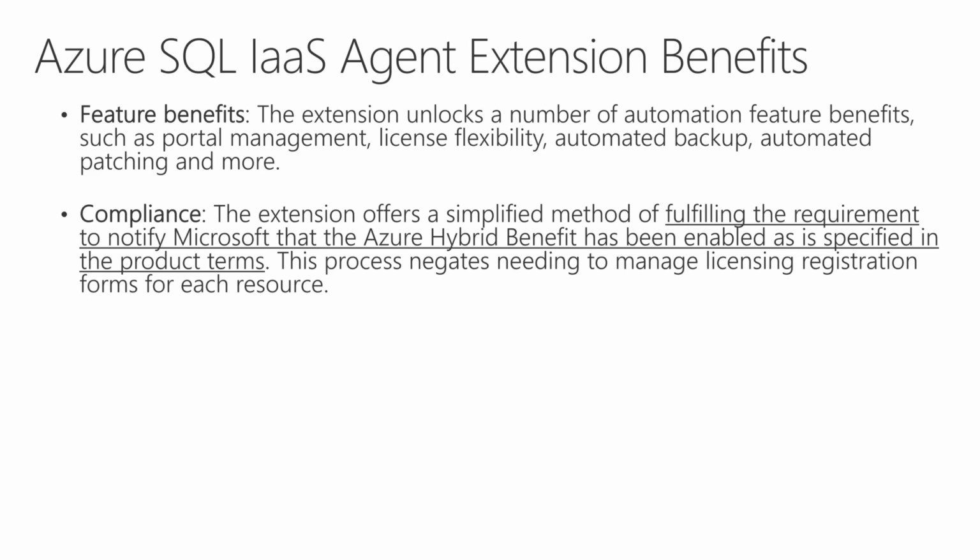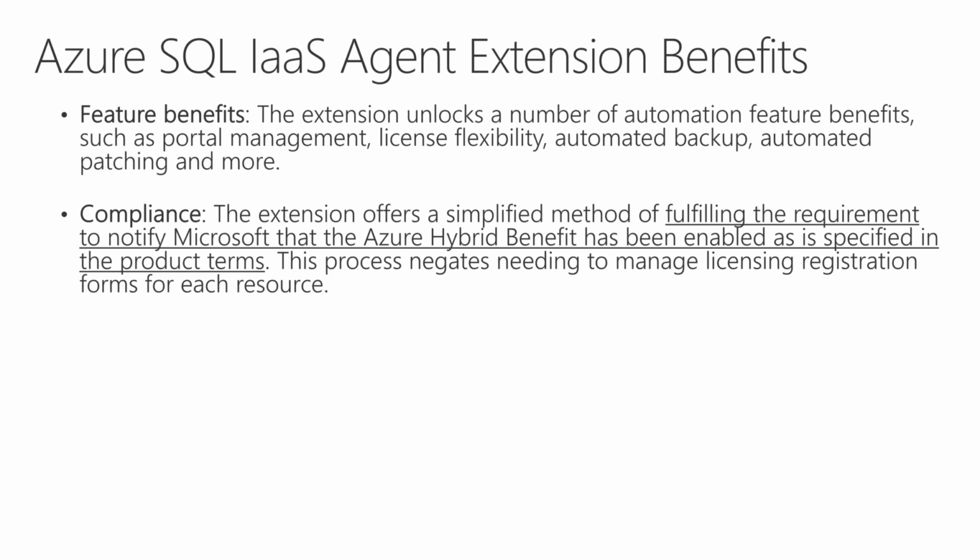Next, and this is what's salient to today's discussion, is that this extension offers a simplified method of fulfilling the requirement to notify Microsoft that the Azure Hybrid Benefit has been enabled for SQL Server, as specified in the product terms.